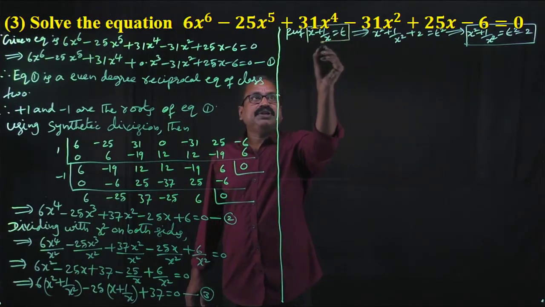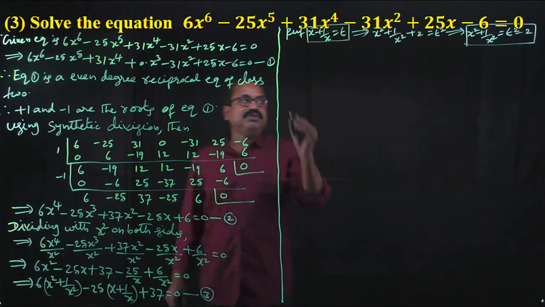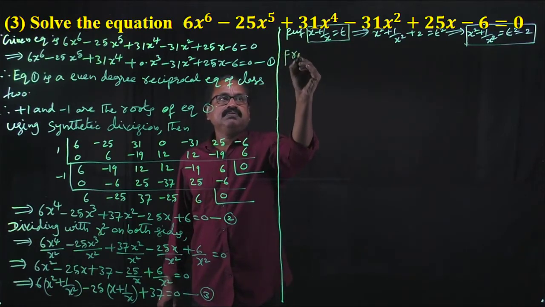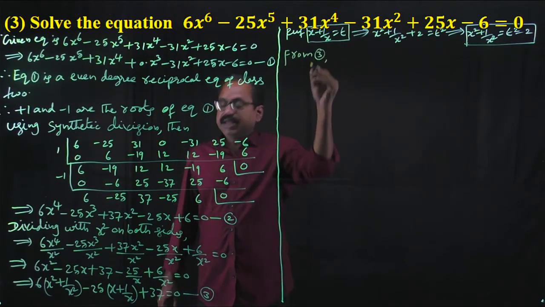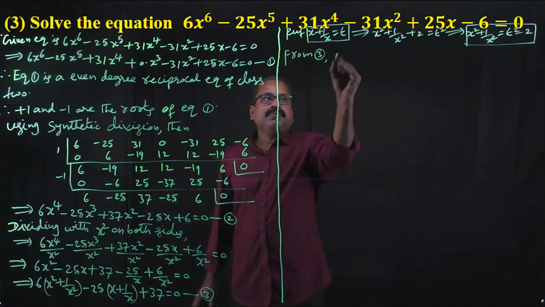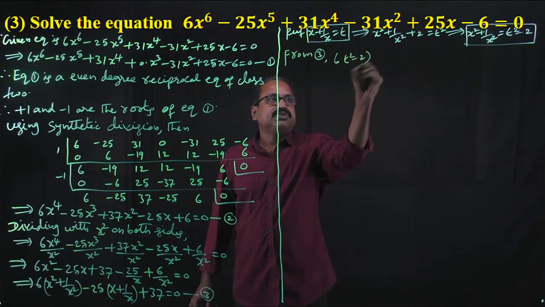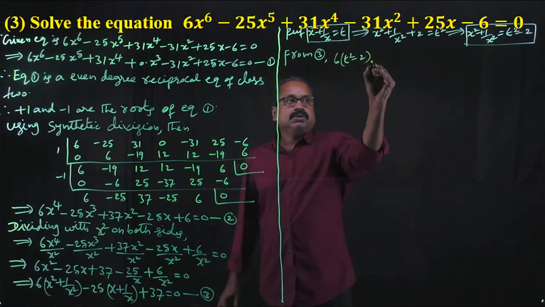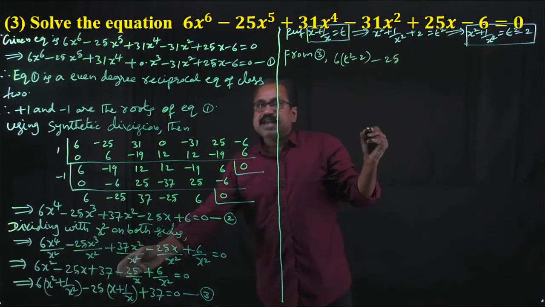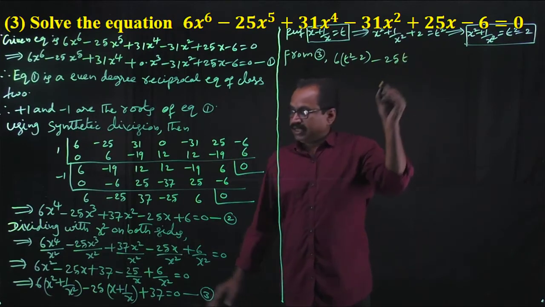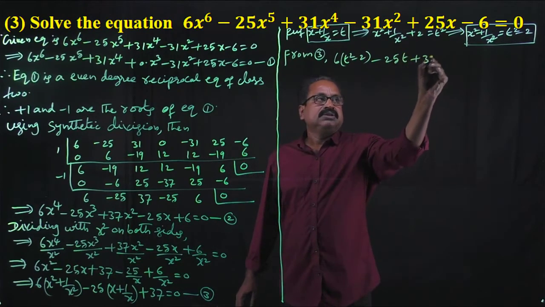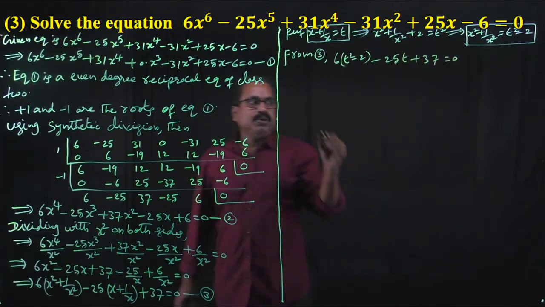Now substituting these two values in equation 3: 6 into x square plus 1 by x square is t square minus 2, minus 25 into x plus 1 by x is t, plus 37 is equal to 0.